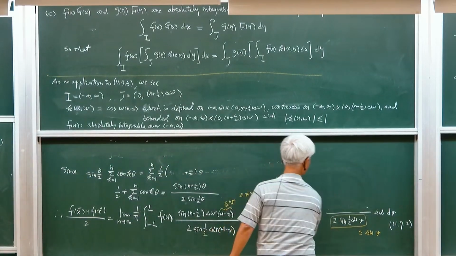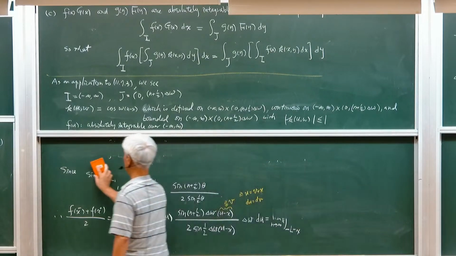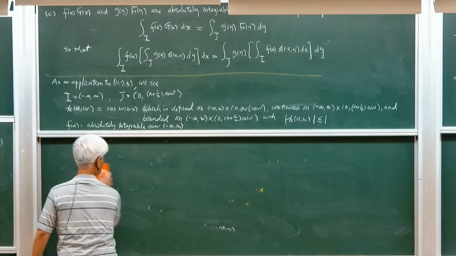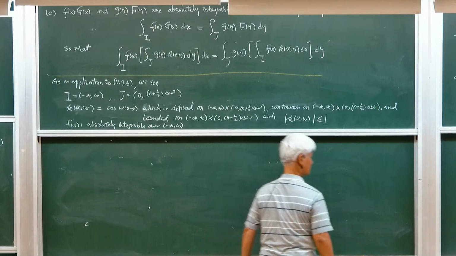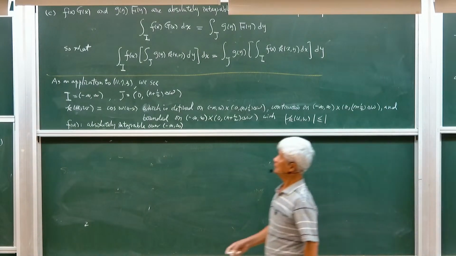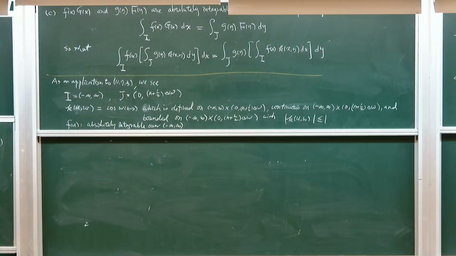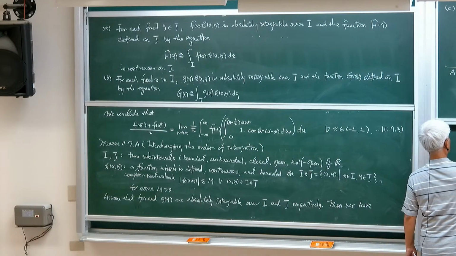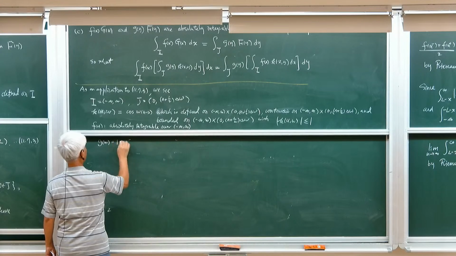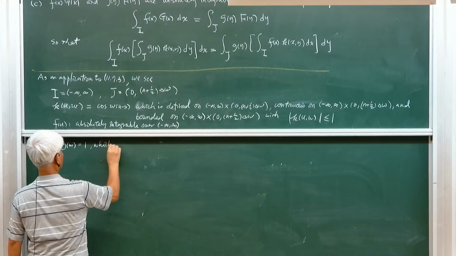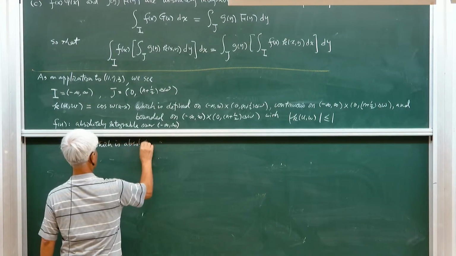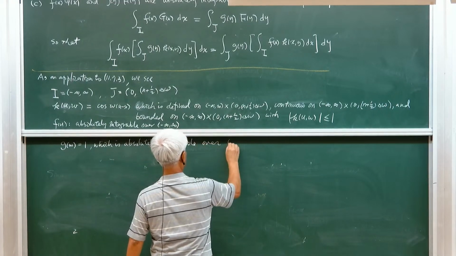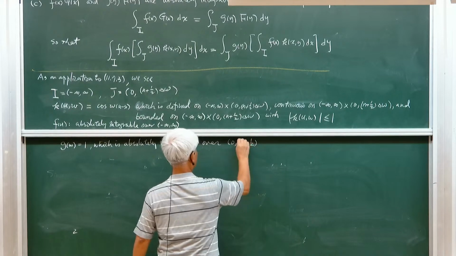What is the g function here? It's 1. So g of omega is equal to 1, which is absolutely integrable over 0 to n plus 1/2 delta omega.